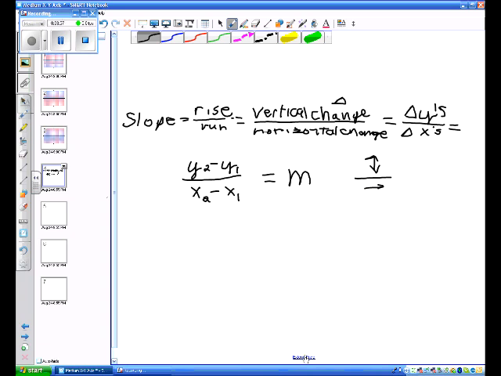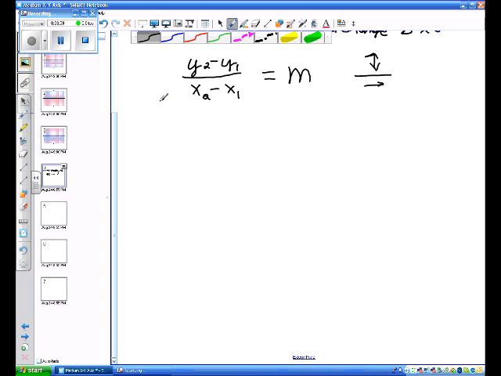Now let's look at how we can use this formula. Let's say we have the two points (-3, 4) and (-4, -2). If we want to use our formula, we can designate one of these as the sub 1s and one as the sub 2s, and again, it doesn't matter.